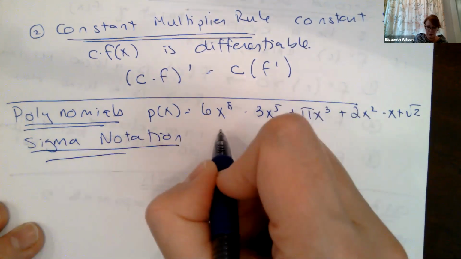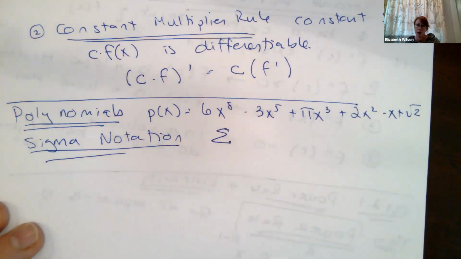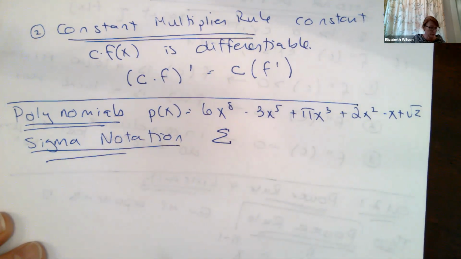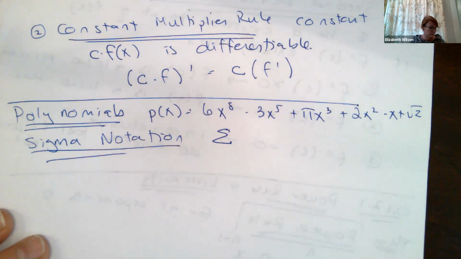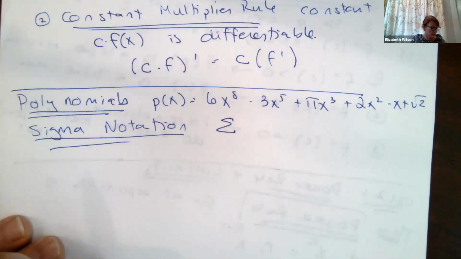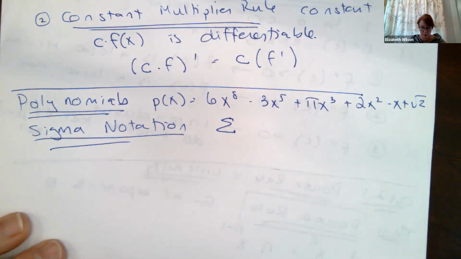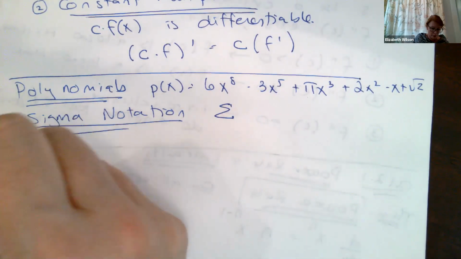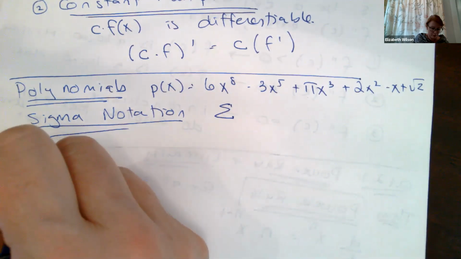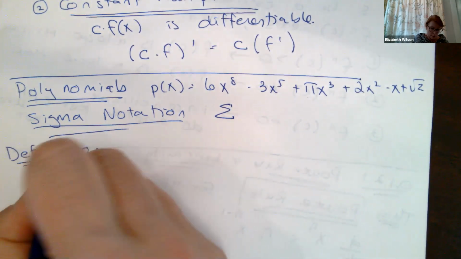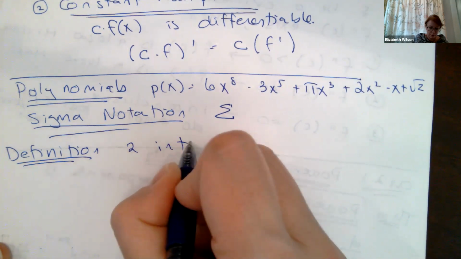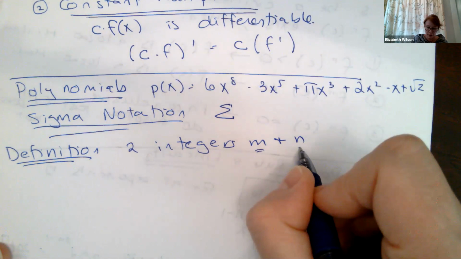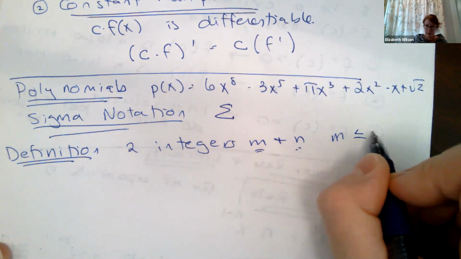Sigma just means sum, so I'm going to sum up all of my terms. A polynomial is just a sum of terms. Let me give you the definition from our book and then we'll discuss what that means, in case you're reading the book. So we've got a definition. We have two integers, m and n, and m is less than or equal to n.